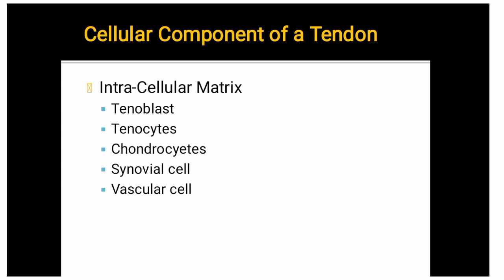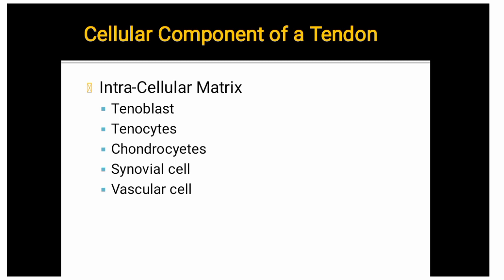Initially, they are different in size and shape, but as they age, they become elongated and spindle shaped and transform into tenocytes. The tenocytes are responsible for the turnover and maintenance of the extracellular matrix.